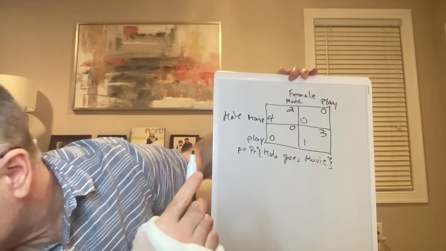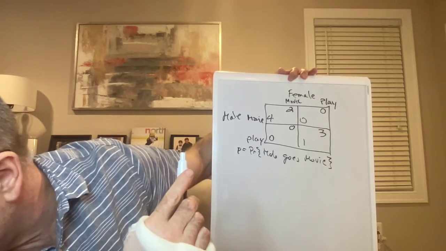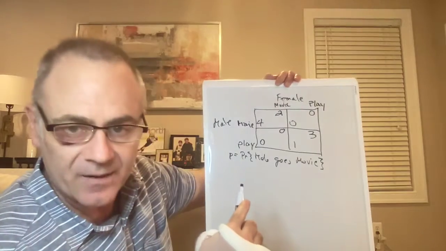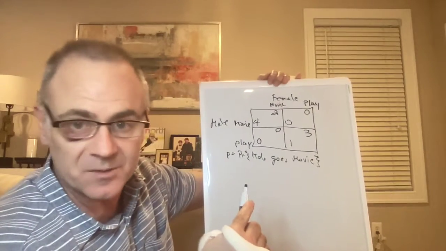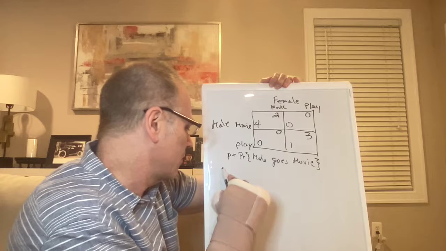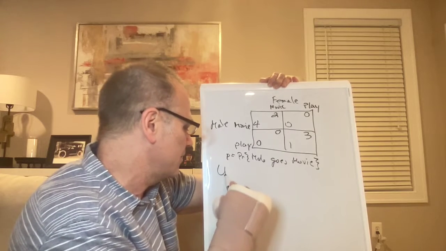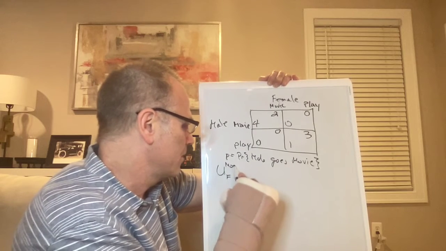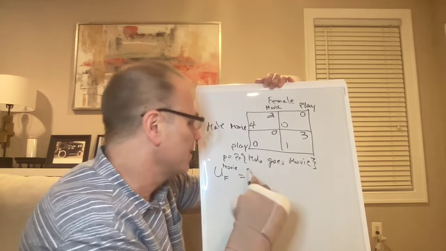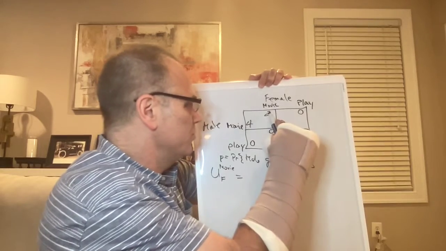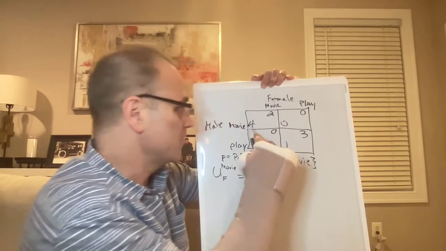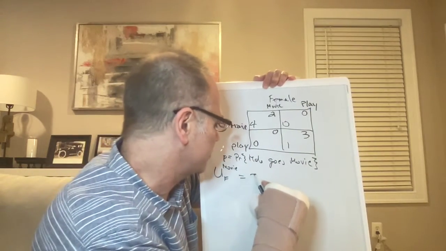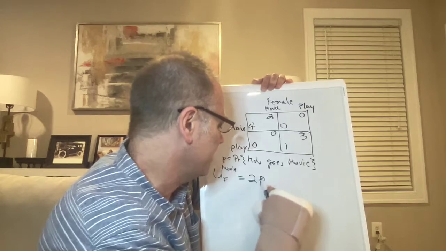So now, if that's P, now let's think about the female's payoffs. So the female's utility for movie, if she picks movie, she gets 2 if the male has picked movie. So the probability of that is P. So her expected payoff is 2 times P.